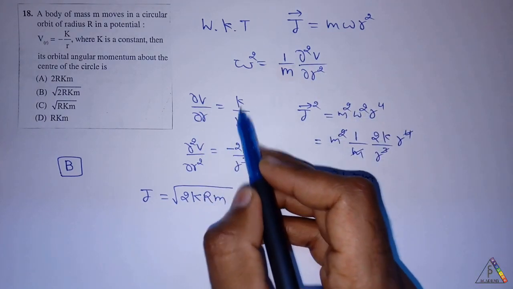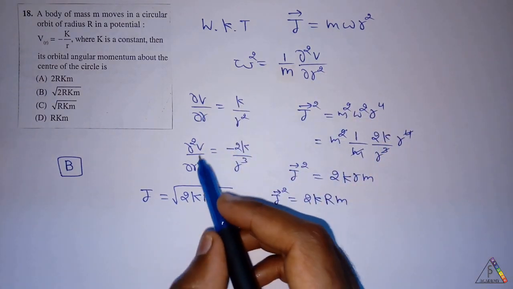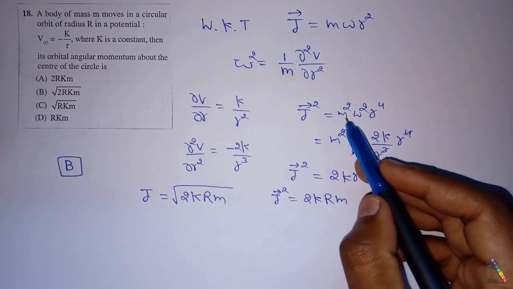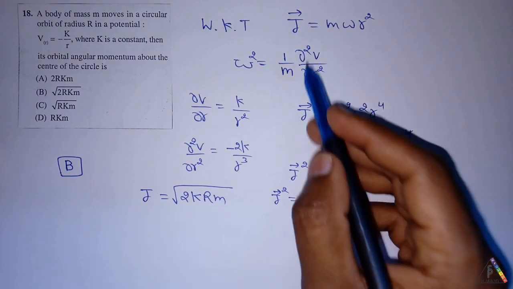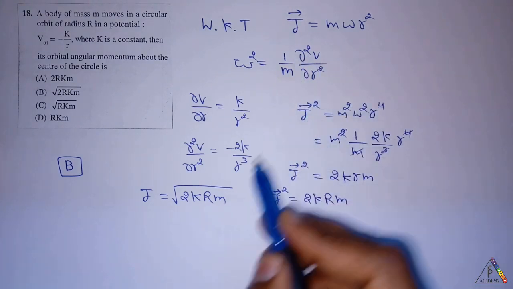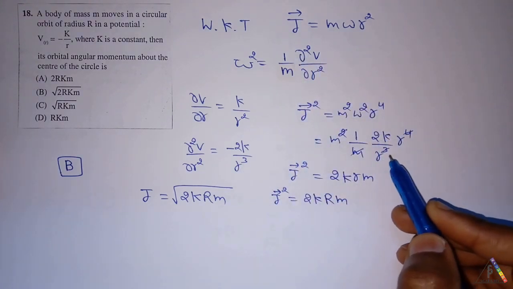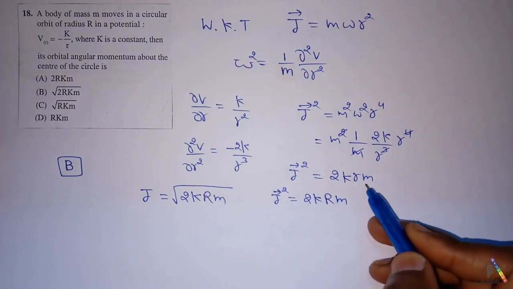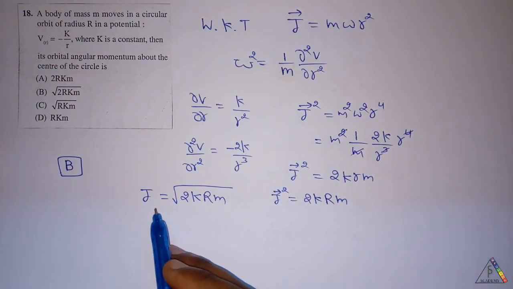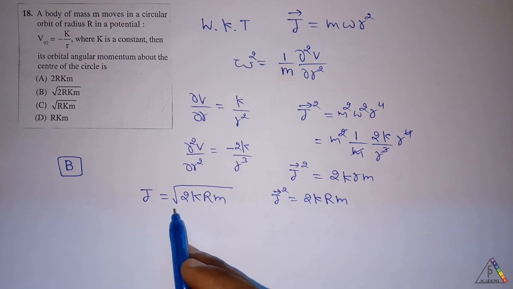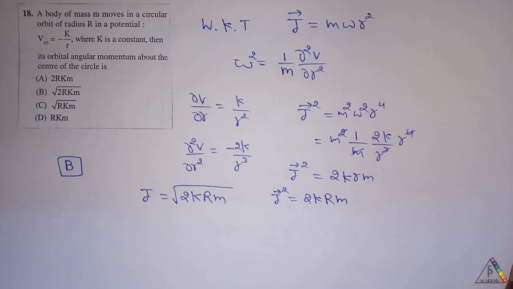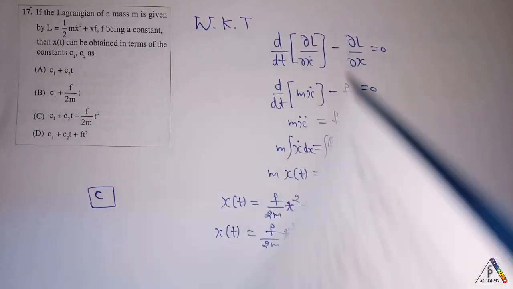Dou V by dou r equals k by r square, and dou square V by dou r square is equal to minus 2k by r cube. M square omega square r to the power 4, that is 2k by r cube, and by simplifying we get J, the orbital angular momentum, as under root of 2kr into m. Therefore for this question, the answer is B option.